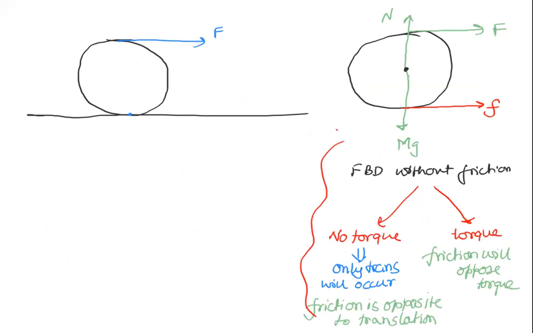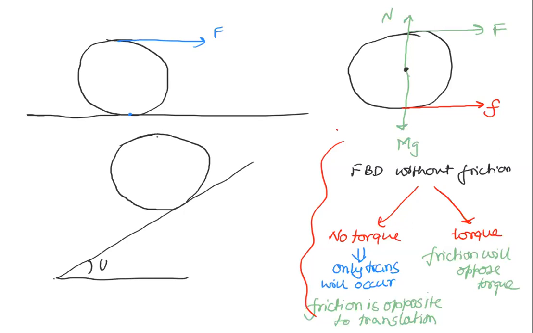So before I show you when this will not work and what to do in that case, let me just discuss one small thing. So if we have a cylinder on an inclined plane, where is friction? What is the direction of friction?